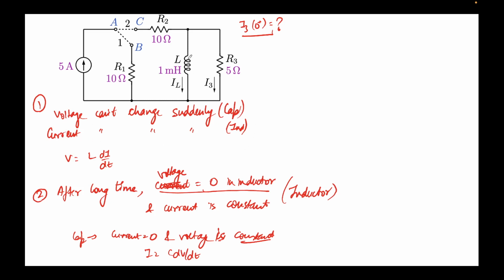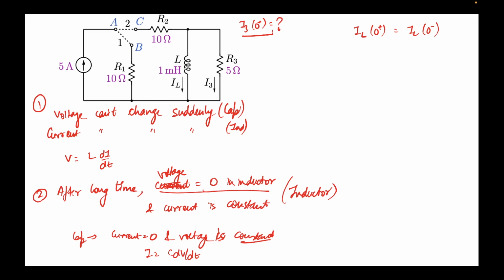This means through this leg, we need to identify what IL at 0 plus was, which should be equal to IL at 0 minus. So whatever the inductor current was just before time t equal to 0, when the switch was in this configuration, we need to identify the current that was flowing through IL, and that will give our answer.